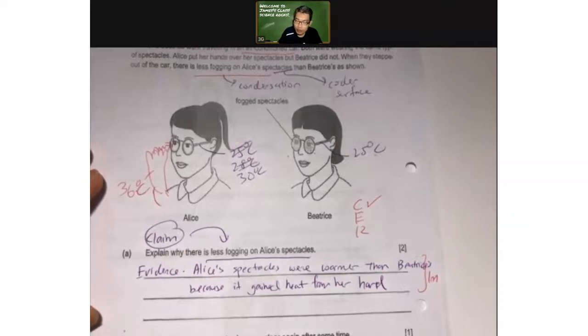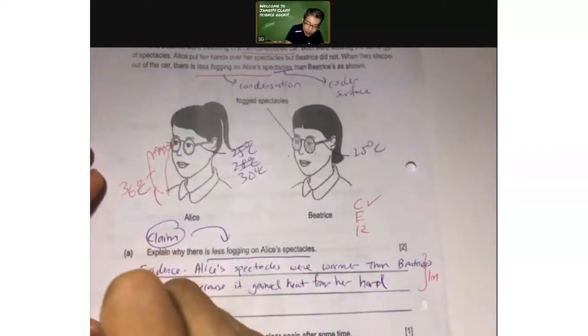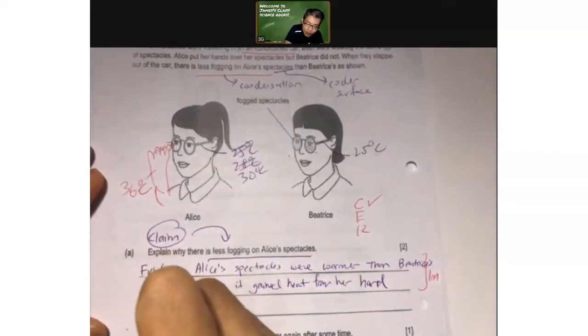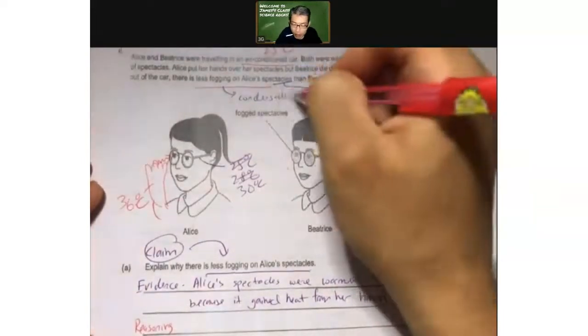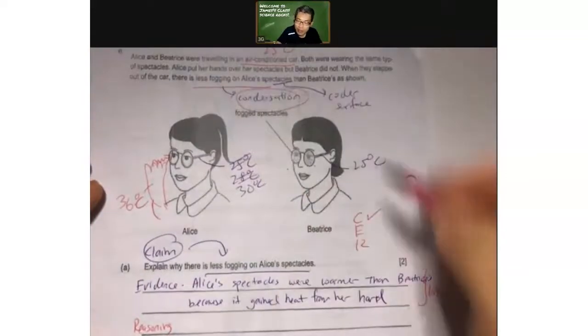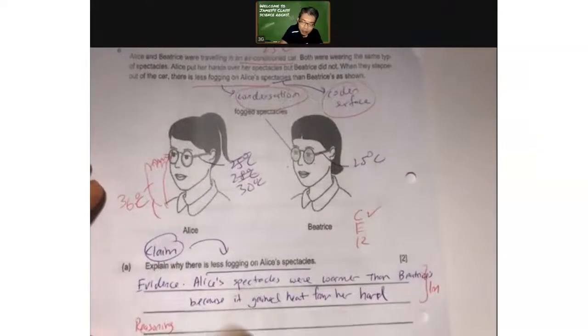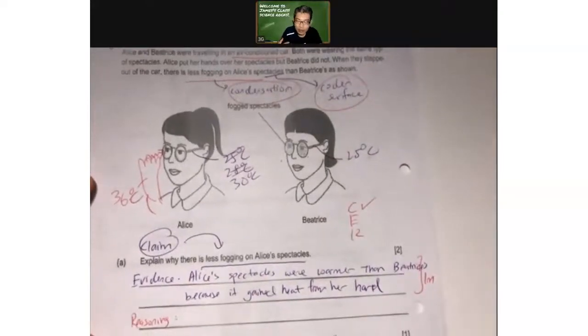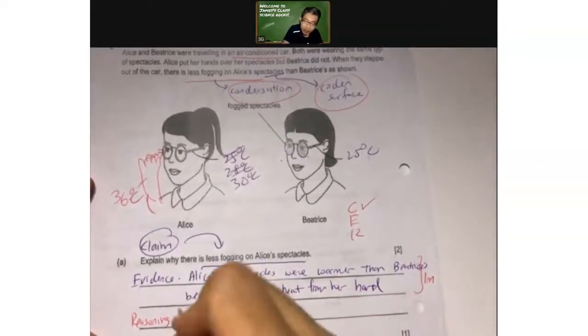But so what? Because it's not sufficient to explain why there's less fogging. Now let's go to the explanation, which is now the reasoning. Fogging is about condensation, right? So now the explanation for the condensation part and the cooler surface part must come in. So why is it that it's less fogging? Her spectacles were warmer than Beatrice's because it gained heat from her hand.